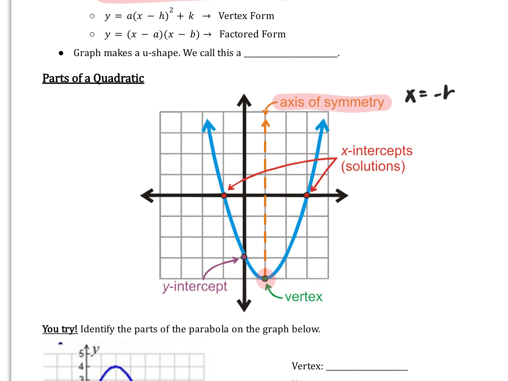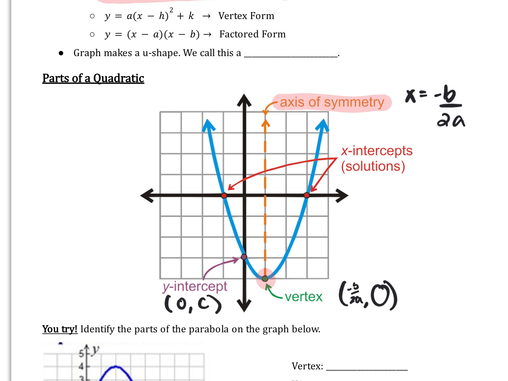X equals opposite B over 2A. And then you're going to plug it into your equation to find your vertex, which is opposite B over 2A, comma, whatever you get when you plug it in, okay? Your y-intercept is always 0, comma, C, right?